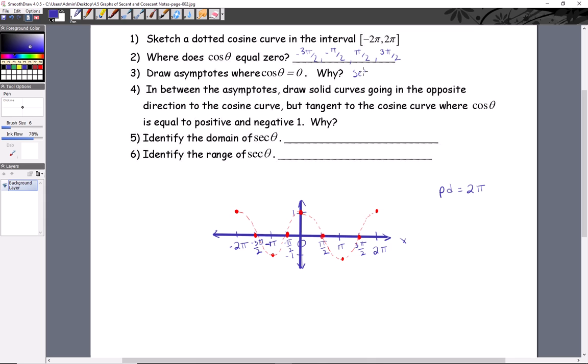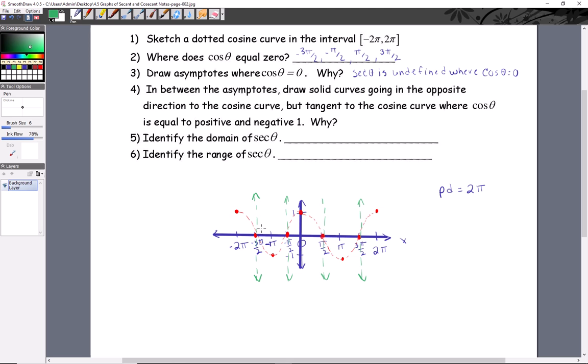It's just secant theta is undefined where cosine theta equals 0, because the reciprocal of 0 is undefined. So let's get that green back, and that means we're going to put a vertical asymptote right here, and one right here, and one right here. Sorry, I never get the scaling quite perfect, but hey, other than that, I'm a complete Rembrandt. All right?